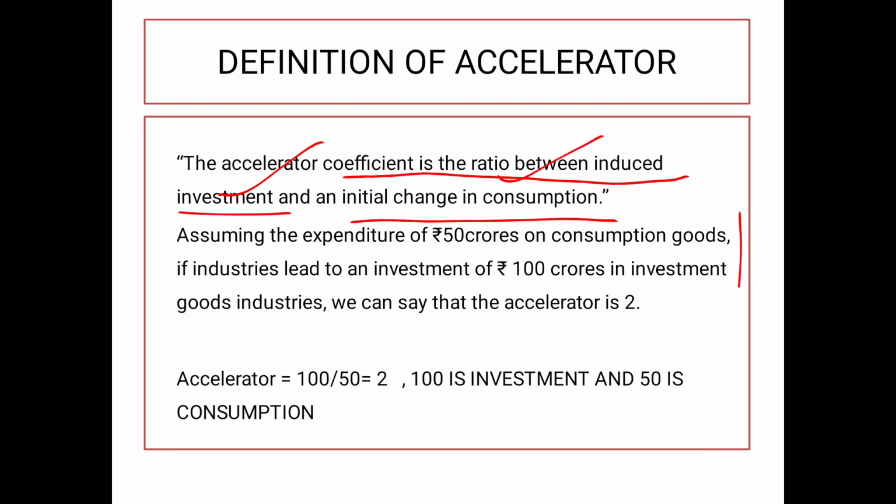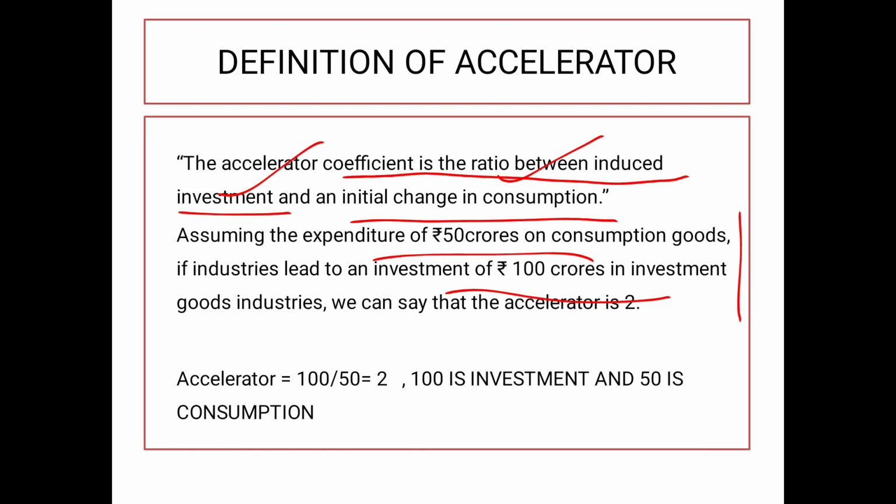There's a small example given here. There are 50 crores of consumption goods being produced in the country. Investment of about 100 crores is made into the economy. So there will be a definite accelerating effect because we can produce more goods and bring them into the market.